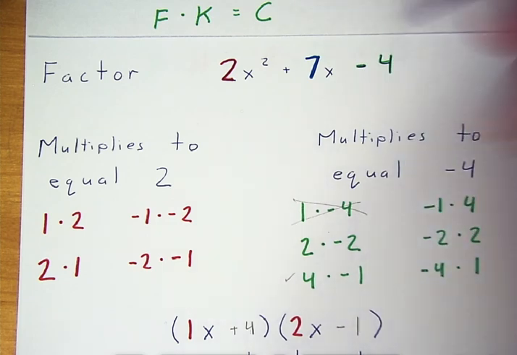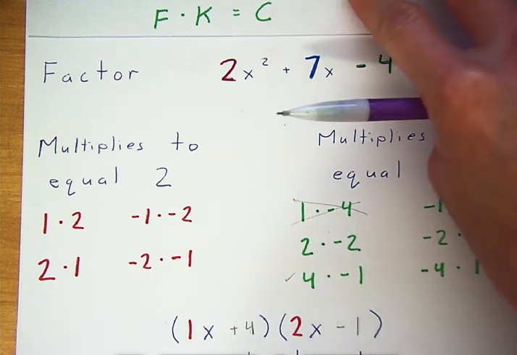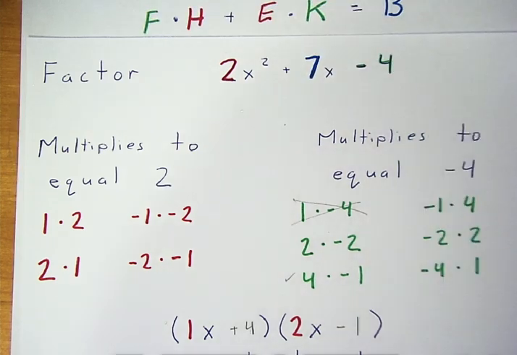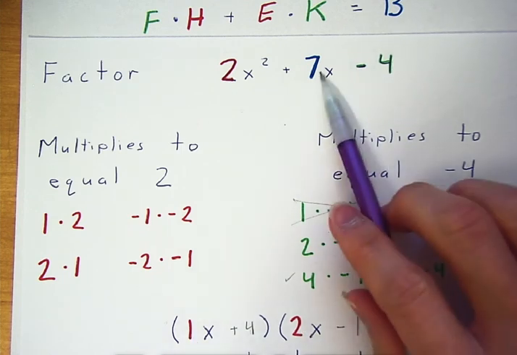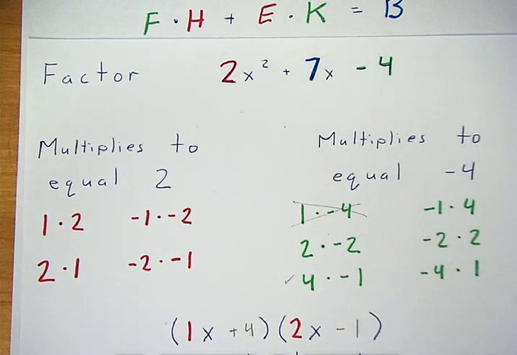In our general form, that was F times K is equal to C. And your +4 times 2 plus 1 times -1 is equal to this 7. This way of factoring sometimes works, but will not always work.